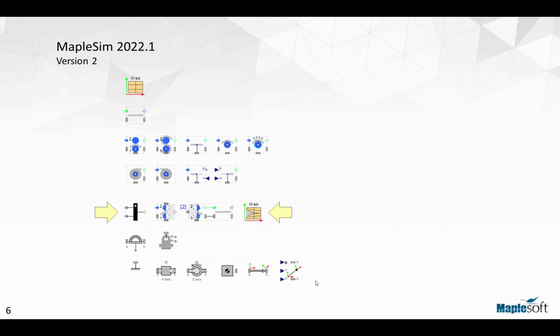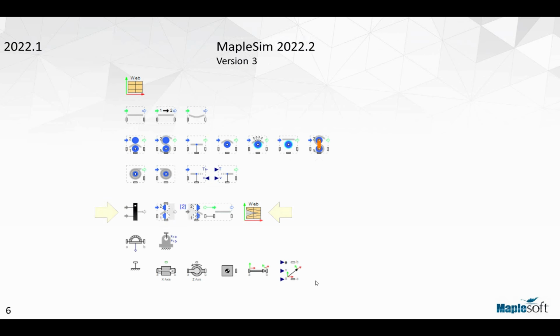So let's start with the evolution of the library, which was released with version 1 in MapleSim 2021.2. In version 2, we added the laminating sub-library. This package allowed for merging of multiple webs into one and being able to simulate laminating processes.